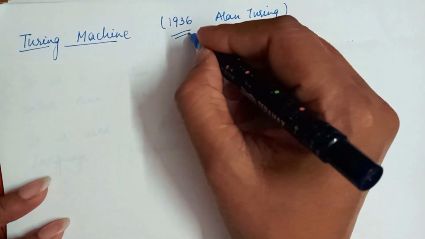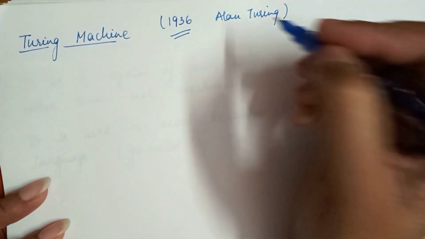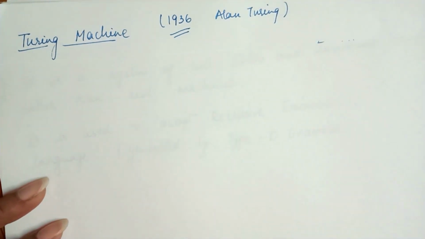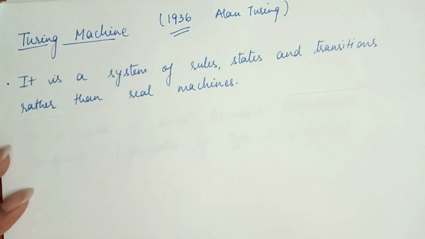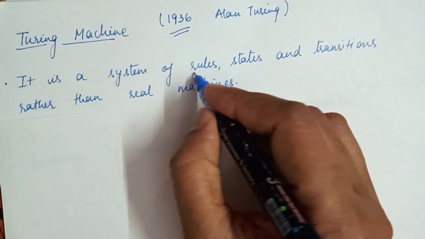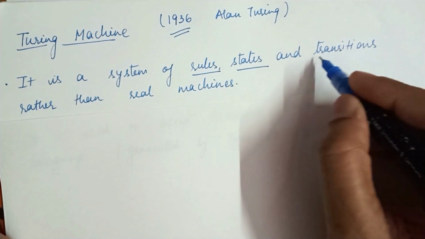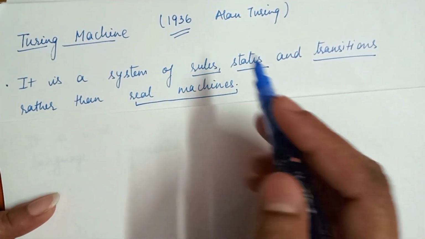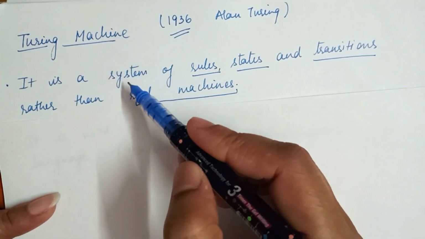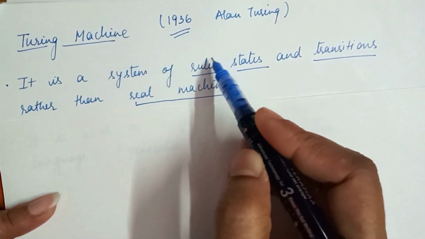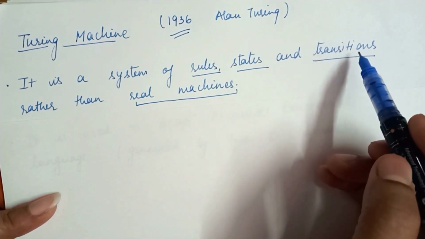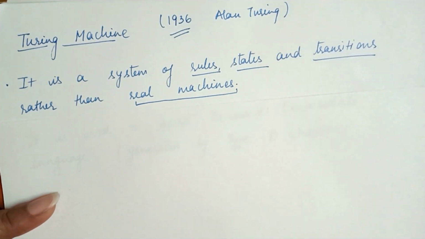If we define the Turing machine, then it is a system of rules, states and transitions rather than a real machine. A Turing machine can be defined as a system which defines some set of rules, some states and the transition between the states, rather than some real machine.